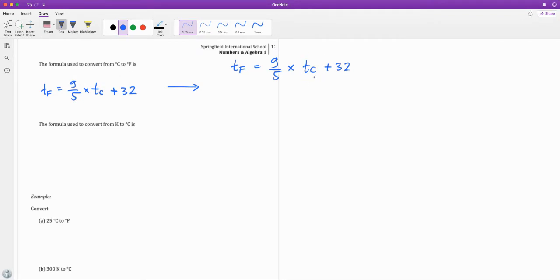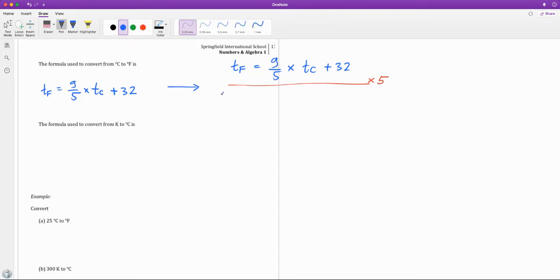Making TC the subject means we need to make TC sitting there alone. So every time we have a fraction, this is just an idea from me. As we can see here, we have a denominator, 5. If we have a fraction, just to make it easier, multiply everything by the denominator. So we need to multiply everything by 5.